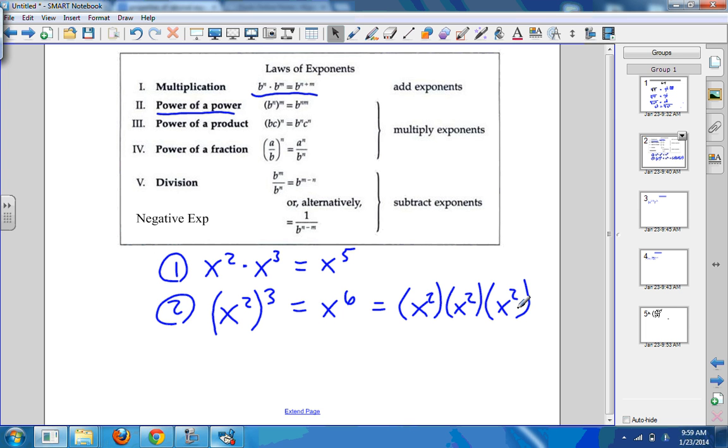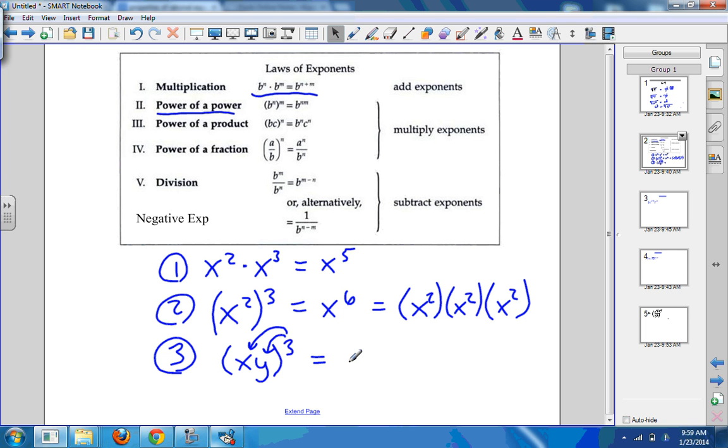All right, the third one, which is power of a product. We'll use x's and y's here. If we have xy to the power of 3, we need to distribute this to everything inside.